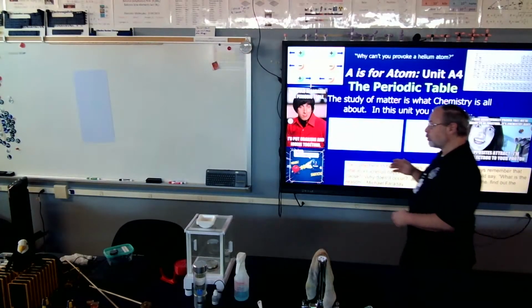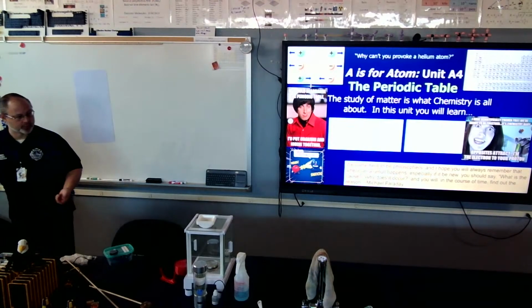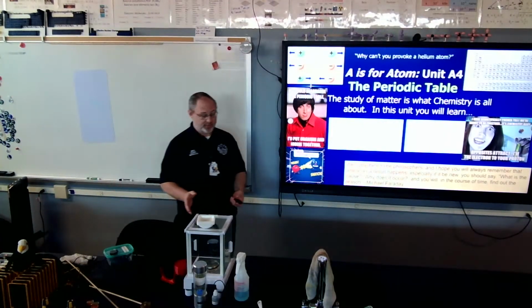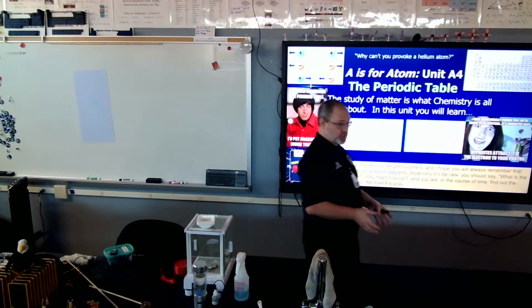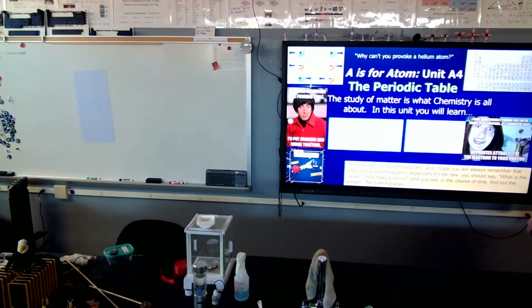There's this thing called periodic law, which I'm going to restate in a little bit, that states that elements' properties are a function of their atomic number. It's pretty broad, but it would be better to say elements' properties are a function of the group they're in and their number of valence electrons.